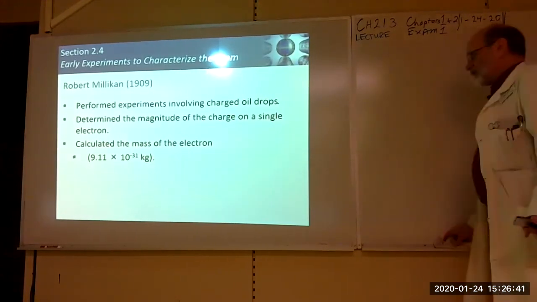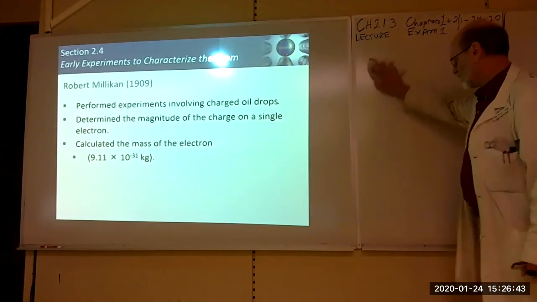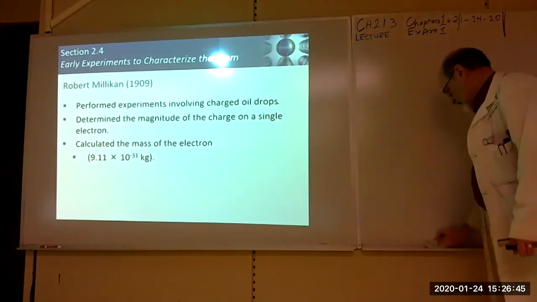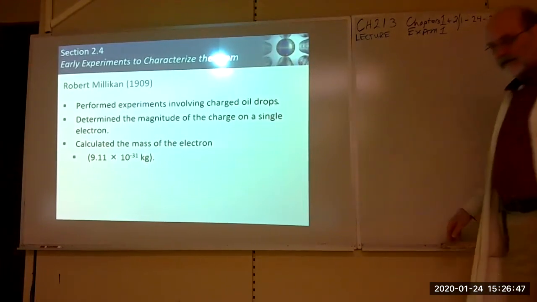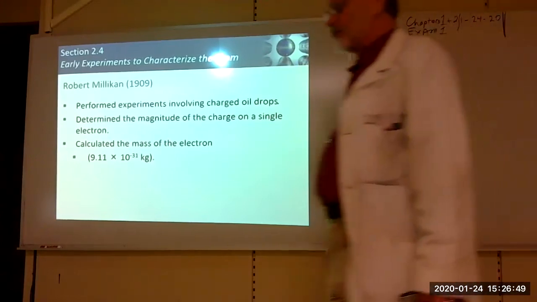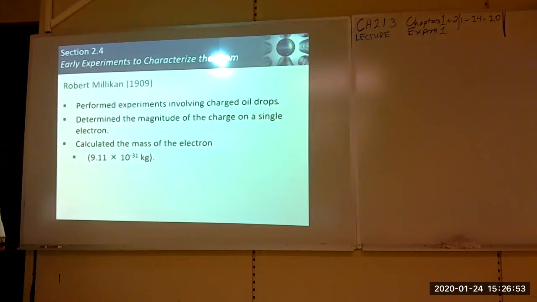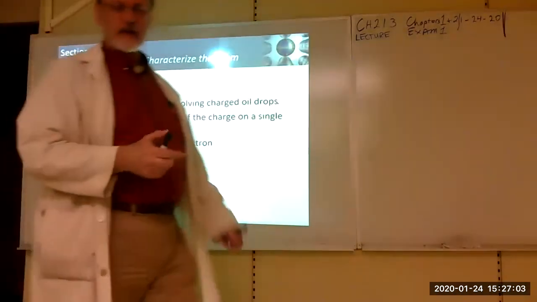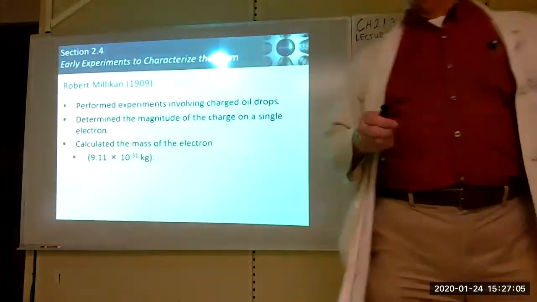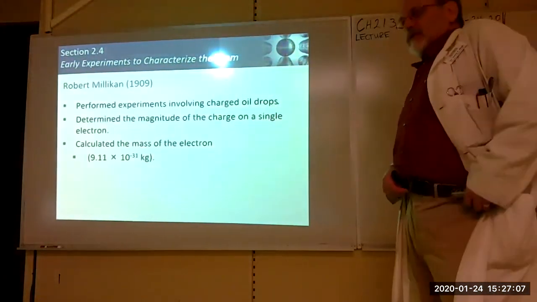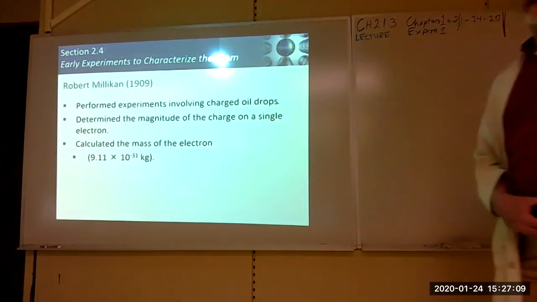Well, Millikan wasn't satisfied with that. That's generally the way it goes with science. Somebody's answered a question, the answer generates 10 other questions. So he said, I want to know just what the mass of that particle is. So he used some mathematical calculations and devised experiments to measure the mass of the electron.